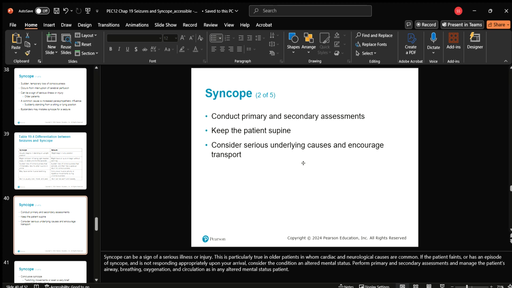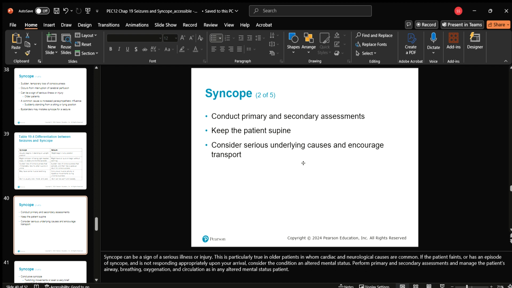Primary or secondary survey, that's a DCAP-BTLS. We're going to get our history, our OPQRST, and SAMPLE. Keep the patient supine. Why? Because they already passed out once. It can happen again. So I don't want them standing up because I want to minimize the possibility of them falling.